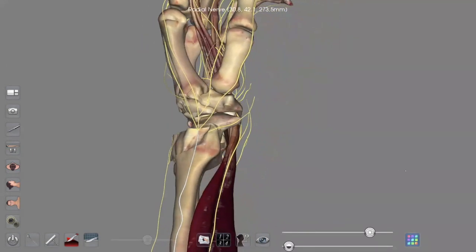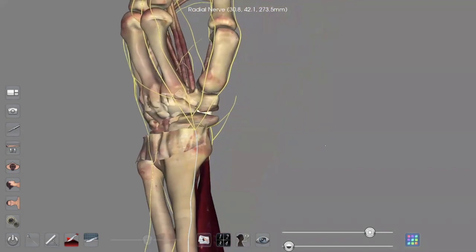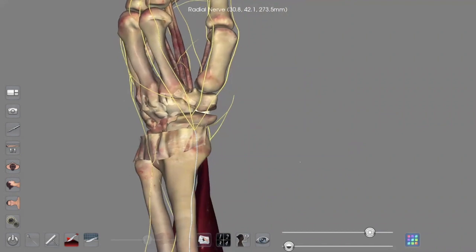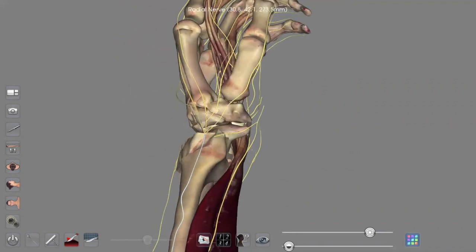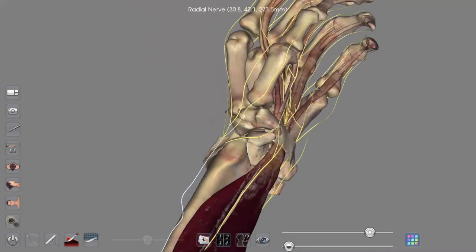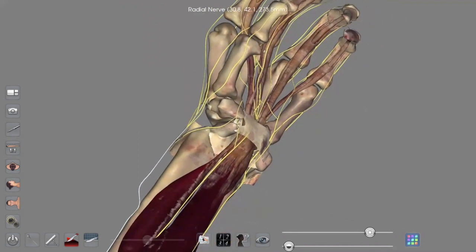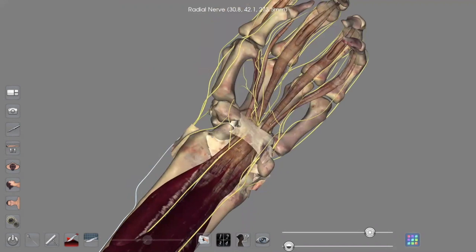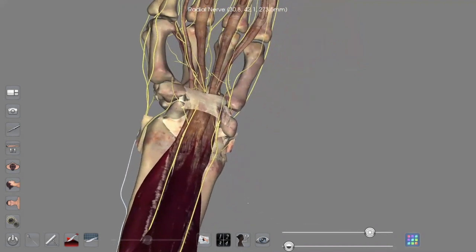Do notice its more dorsal track along the lateral forearm and into the hand. It's less likely to be entrapped or compressed at the wrist and hand than the other two terminal branches. But as we previously discussed, it can be commonly compressed more proximally at the elbow.